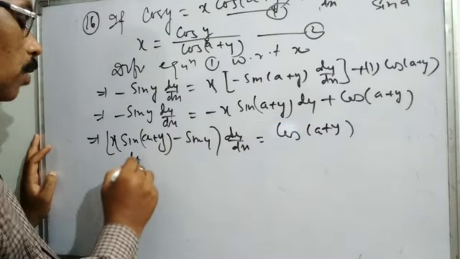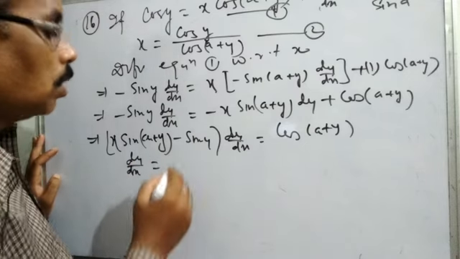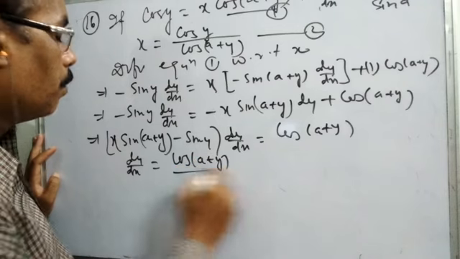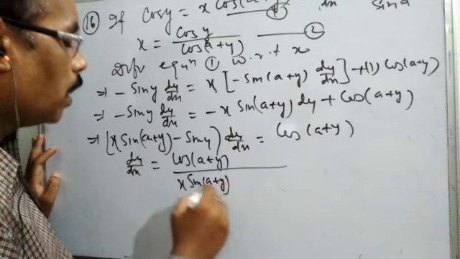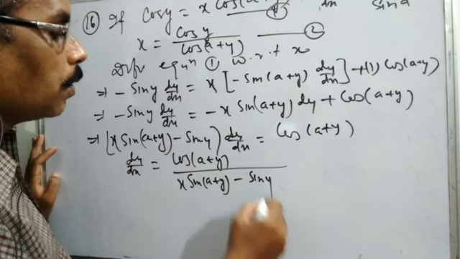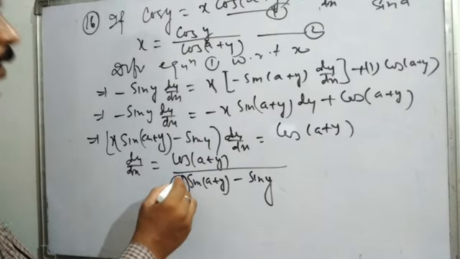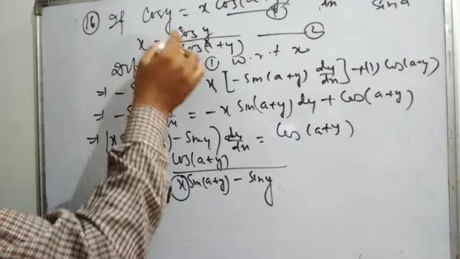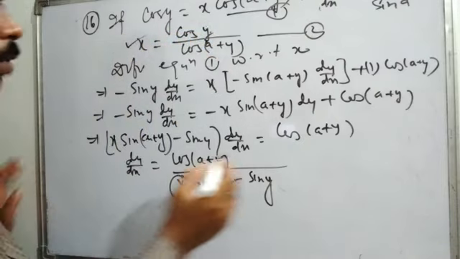So simply dy/dx is equal to cos(a plus y) by x sin(a plus y) minus sin y. Now there is an x term, so you have to put the value of x from equation 2, that is x is equal to cos y by cos(a plus y).